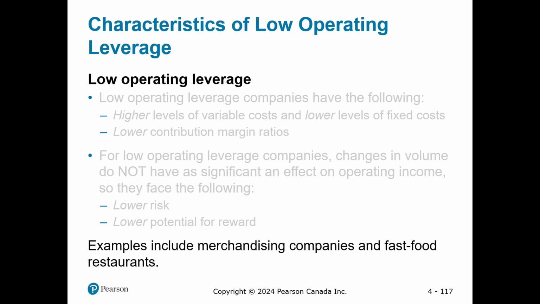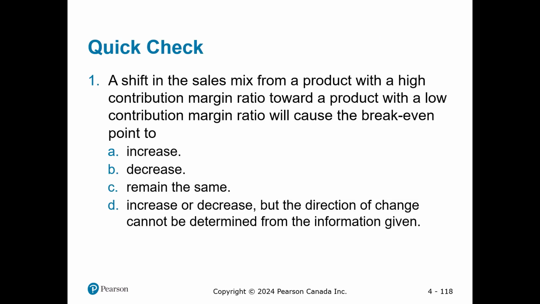Now, let's do a quick check of your understanding. A shift in sales mix from a product with a high contribution margin ratio towards a product with a low contribution margin ratio will cause the break-even point to A, increase, B, decrease, C, remain the same, D, increase or decrease, but the direction of change cannot be determined from the information given.